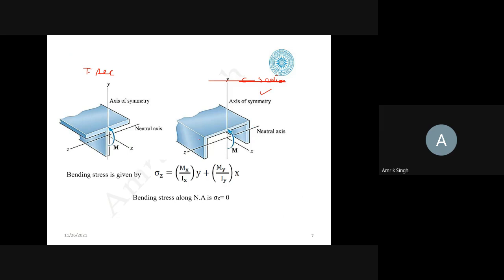And this is a neutral axis. And you see, this is a moment which is active. So here, there is only one axis of symmetry. The other axis of symmetry is not there. Here also, there is only one axis of symmetry. The area on the above side is not the same as the area below. So bending stress along the neutral axis is 0.